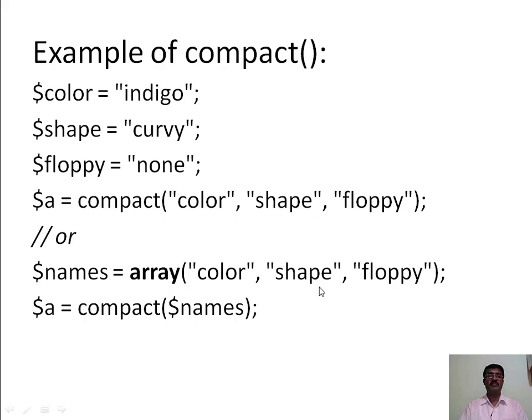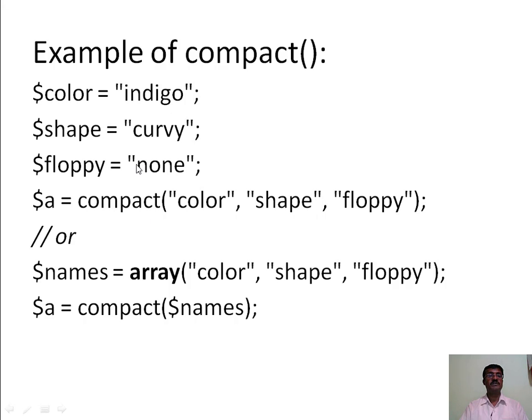Here is an example for the compact function. Here I have defined three variables: color, shape and floppy, whose values are indigo, curvy and none. Now with the help of the compact function, I can convert these individual variables into an associative array.